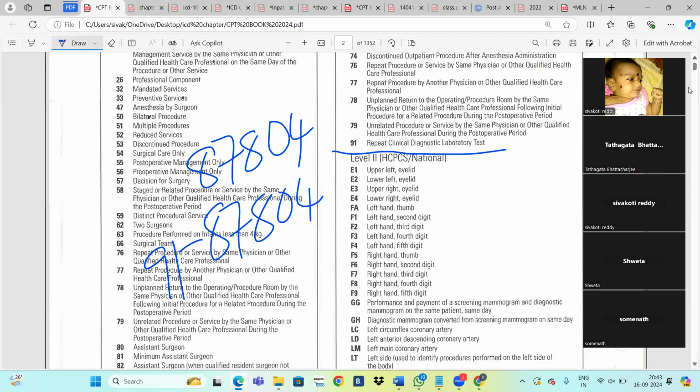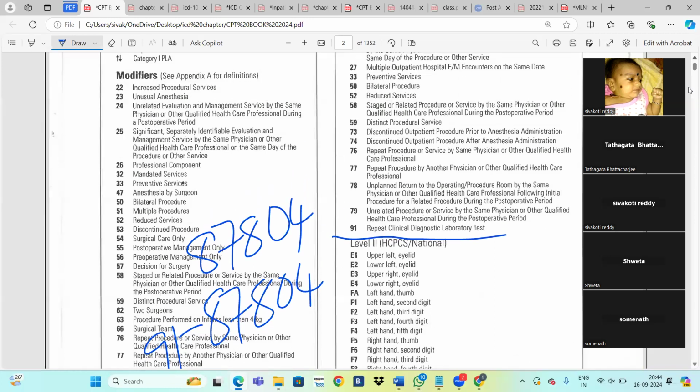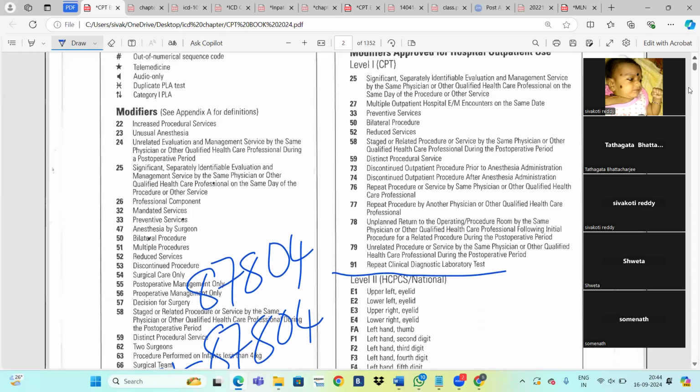Sir, why would they perform the same test on the same day two times? Suppose in the first encounter the procedure the provider did causes a complication at that site, like bleeding. So the patient comes again on the same day to repair it.